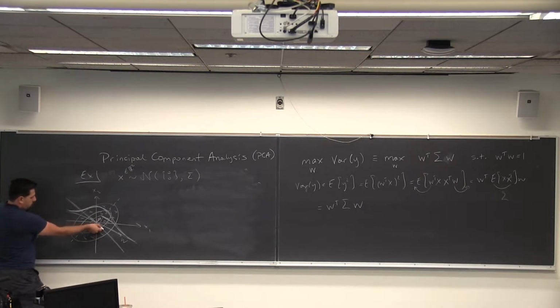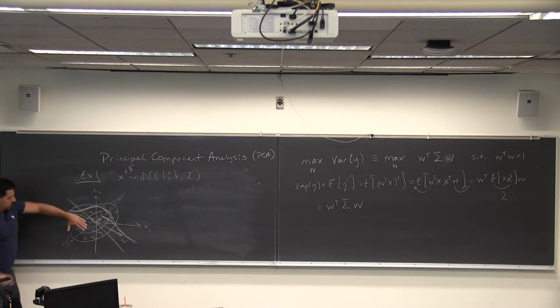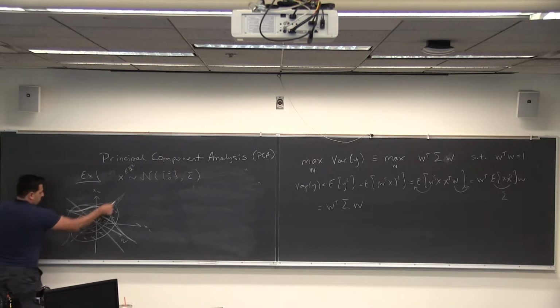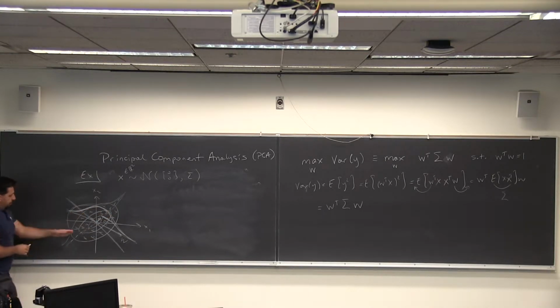I can rotate the vector towards the main axis, and then I'll get a wide Gaussian. So my Gaussians will become from narrow to wide, and then as I keep rotating, they will become narrower again. So the variance of the projected random variable will go down. I'm interested in finding this direction along which I capture most of the variability in the data.